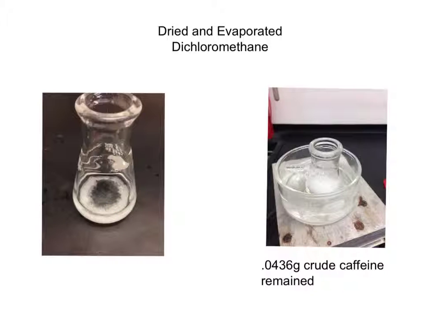After that was done, we filtered out the sodium sulfate, and we heated the dichloromethane. Due to its low boiling point, it was fairly easy to evaporate without damaging our caffeine. The final crude caffeine that remained was 0.0436 grams of it.